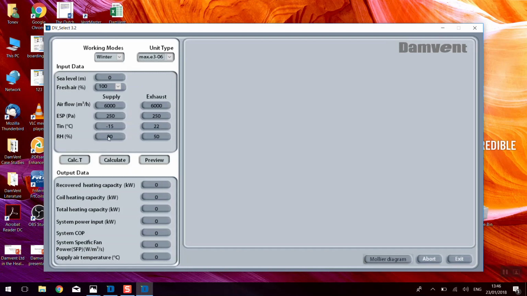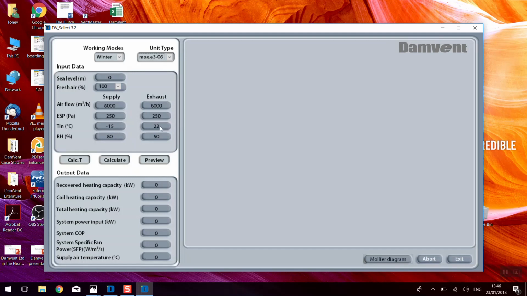In our selection software, as preset values, we always put in winter mode minus 15 degrees ambient temperature, just to show, which is very important, that this solution does not use any other additional heating sources in winter mode. So we always put minus 15 as ambient temperature.